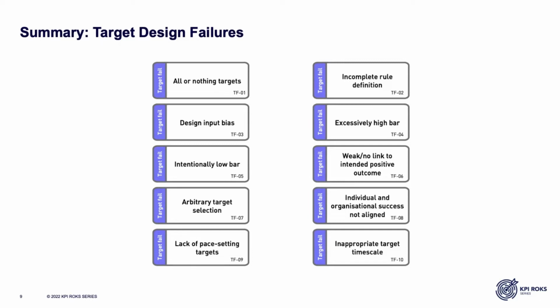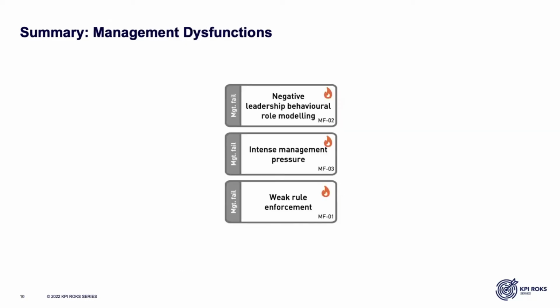You can see here you have different targets, such as design targets and pace-setting targets. So you have different ones. Then you have the management functions, and here you can have intensive management pressure. This is something that will have an impact on you, and it can really be negative, which is why we call them management dysfunctions.